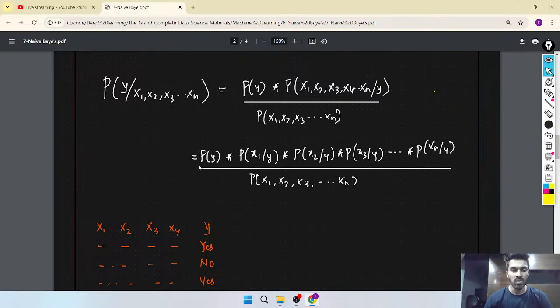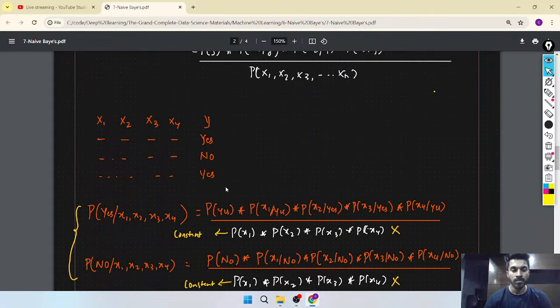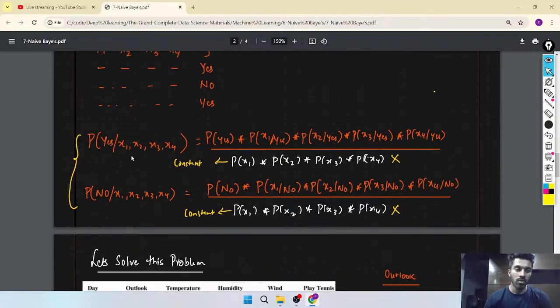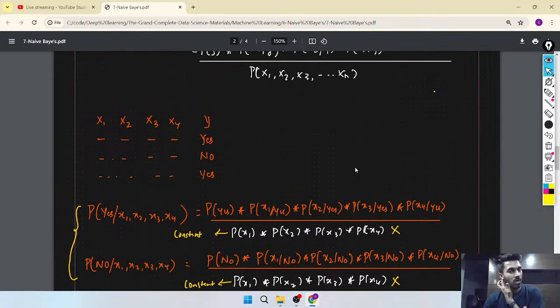You can also write it another way: probability of yes into probability of x1 given yes, x2 given yes, x3 given yes, and so on. So probability of yes given x1, x2 to xn is equal to probability of yes into probability of x1 given yes, x2 given yes, and so on. This is the formula.